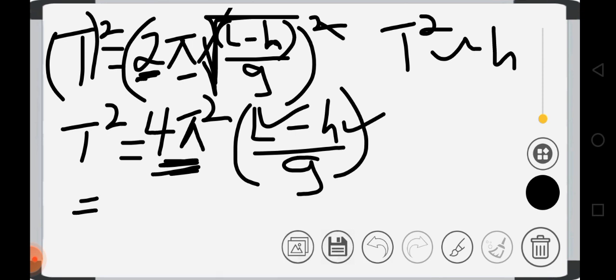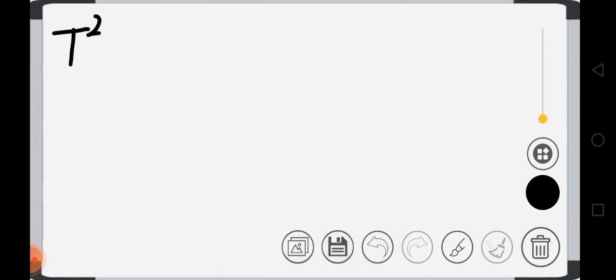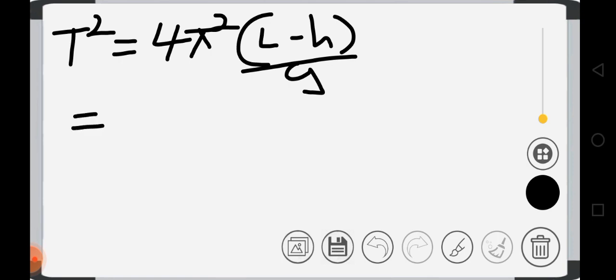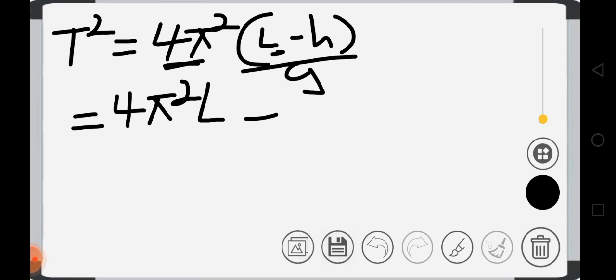Because of space, let me just rewrite it. I was having t square is equal to 4 pi square times L minus H over G. So that will give us this times L. I'm going to have 4 pi square L. Then we have minus here.